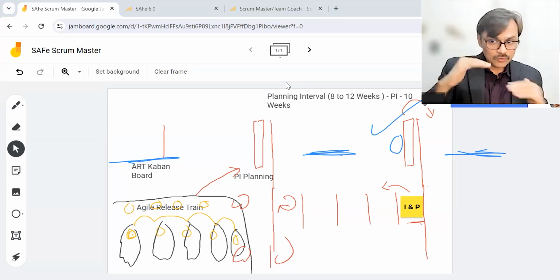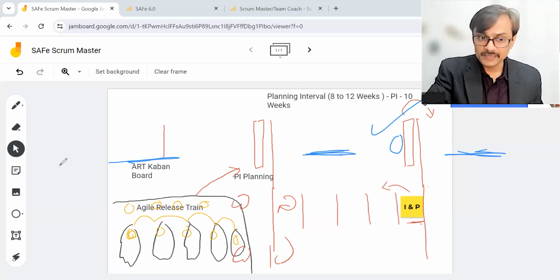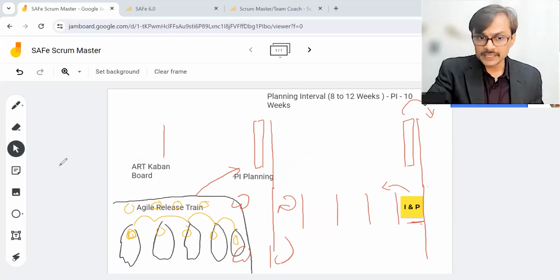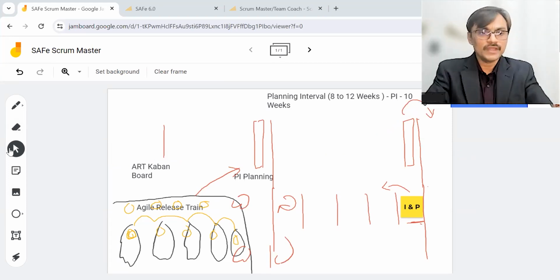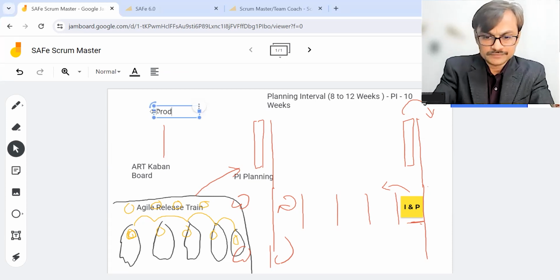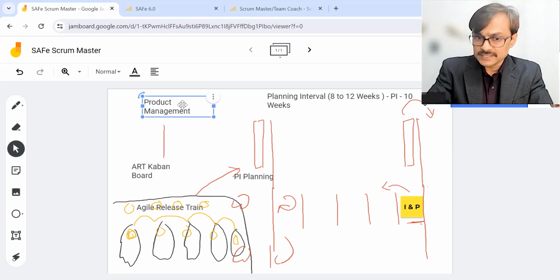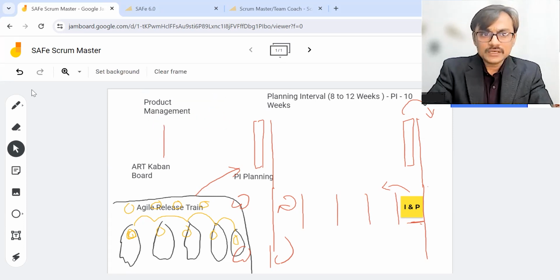So there is a PI level, or train level, refinement happening, and it is done by a train level role called product management. You can consider product management as the requirement person who works very closely with the business stakeholders and ensures the requirements are well refined.